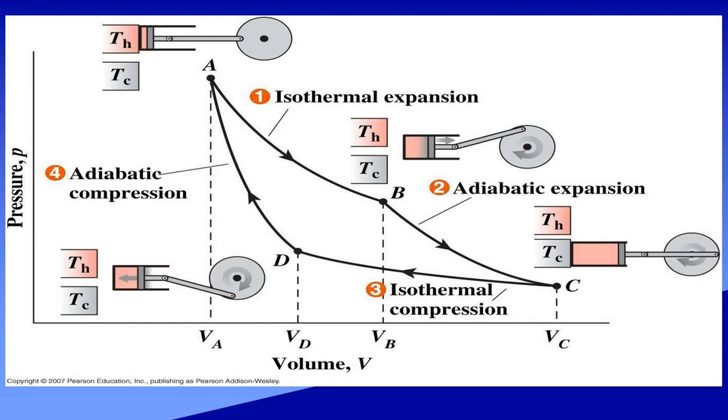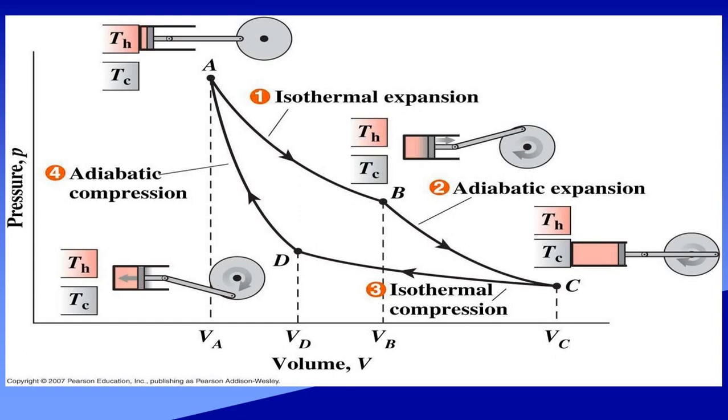So the output will be the difference between how much energy is supplied and how much energy is rejected. You find the difference between these two, so that is the output of the engine, and then the ratio between output and input, that means QS minus QR divided by QS.